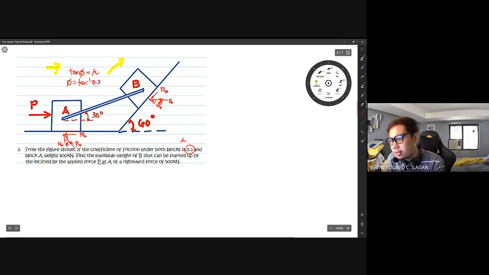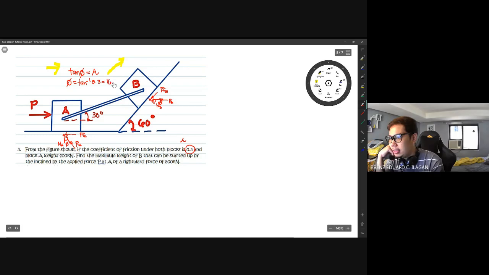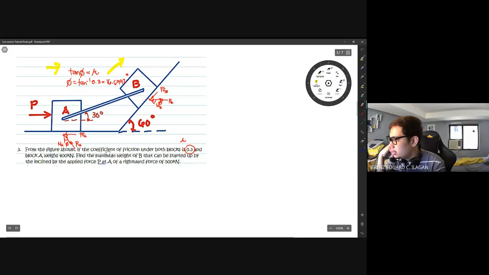So what is the answer for this? Pakipindot naman sa calcu. 16.6992. Okay. Ayan. And then, sige, gawan natin ang free body diagram yung block A.